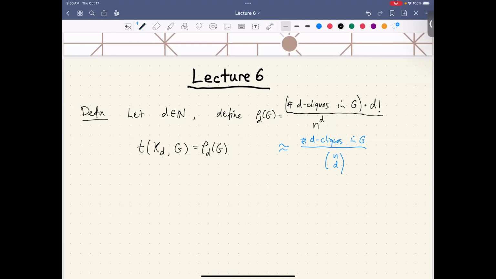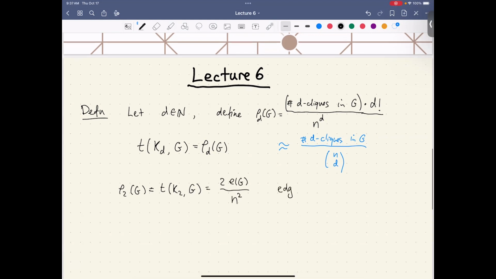Now, what is rho_2? Recall, rho_2 is the edge density of G, which is 2 factorial, which is just 2 times the number of edges in G, normalized by n squared. This is the edge density. Or to be precise, edge density should be the other one, but let me just assume these two are almost the same.